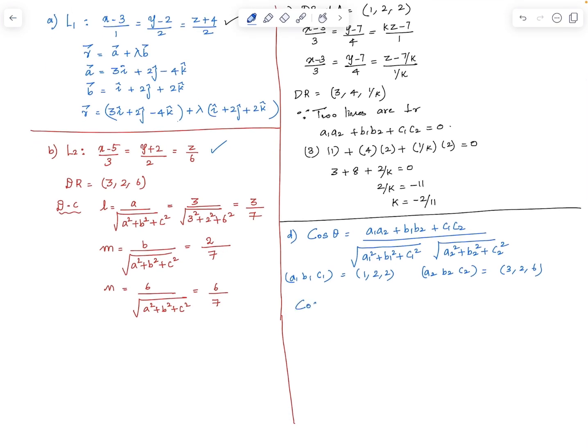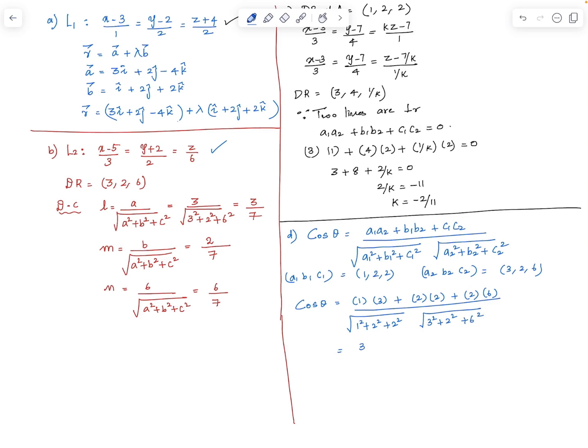So cos theta is 1 times 3 plus 2 times 2 plus 2 times 6 upon root 1 square plus 2 square plus 2 square into 3 square plus 2 square plus 6 square.